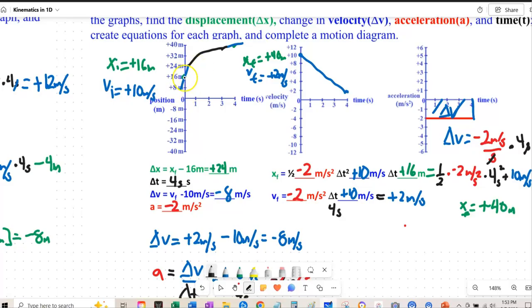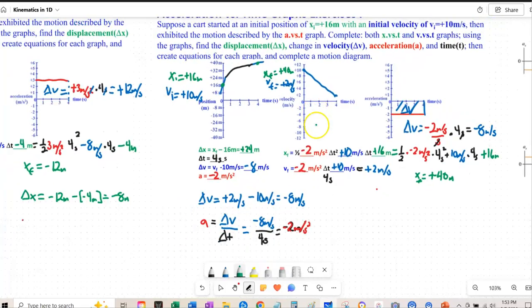So this is positive 10 slope. The initial position is right at 16. This is a positive 2 meters per second slope at that position, positive 40.